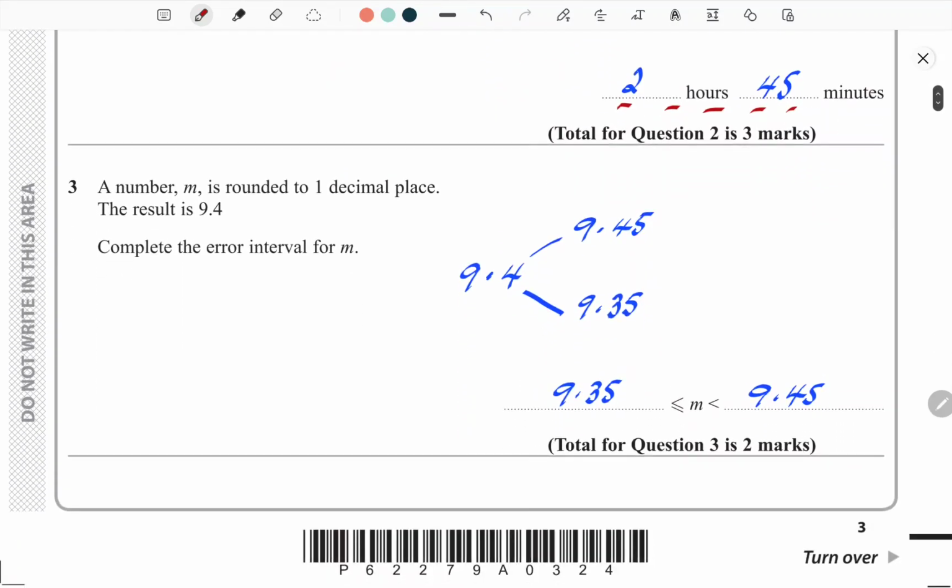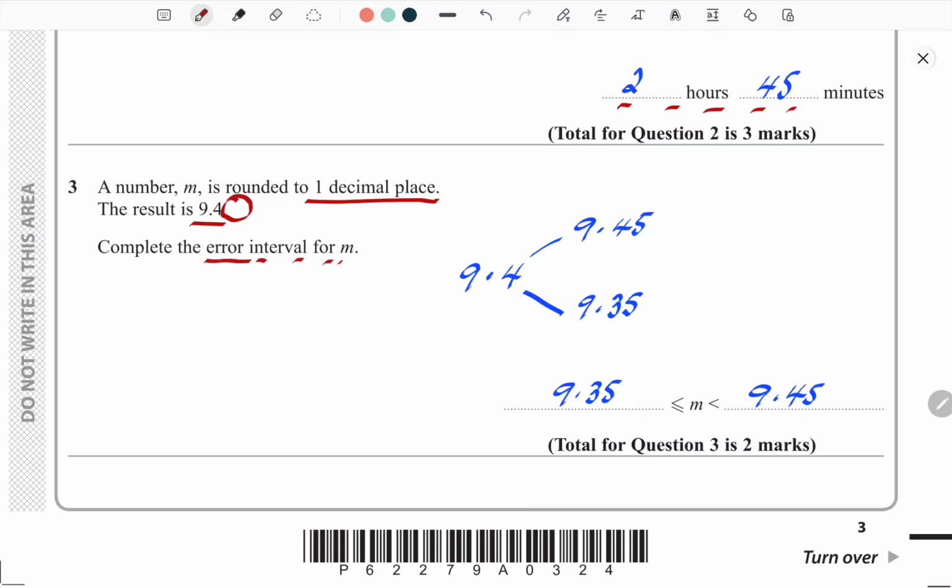Okay, number 3. Fairly simple, this one. It's rounded to one decimal place, it says, all right, a number m, and the result is 9.4. Okay, so 4 is the rounded number. You then want to consider whatever comes next. That's the bit that is relevant to the question.